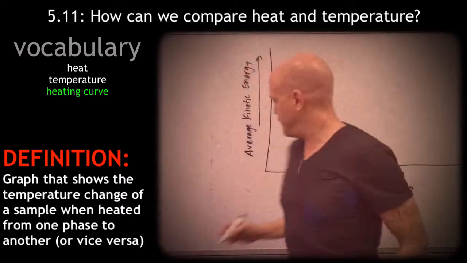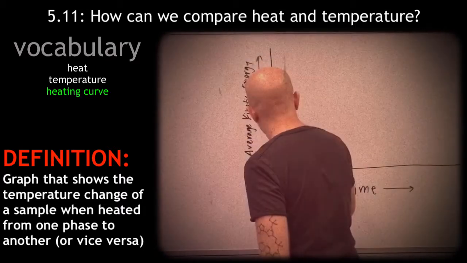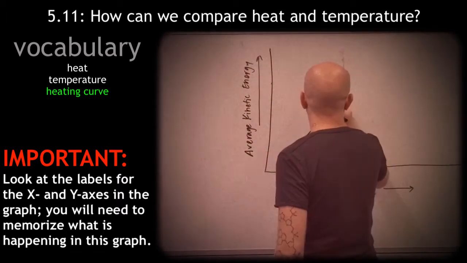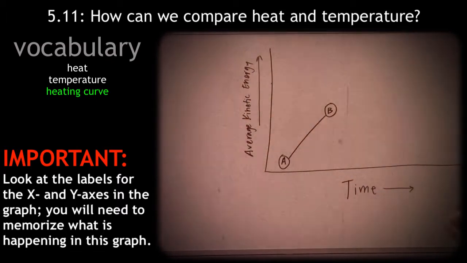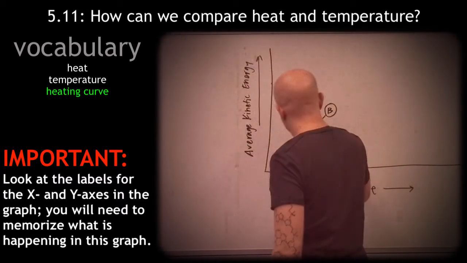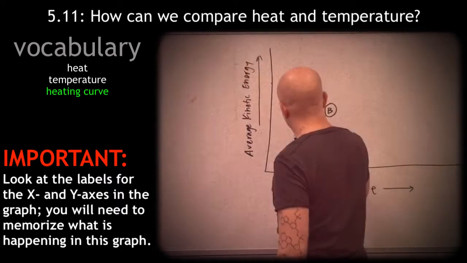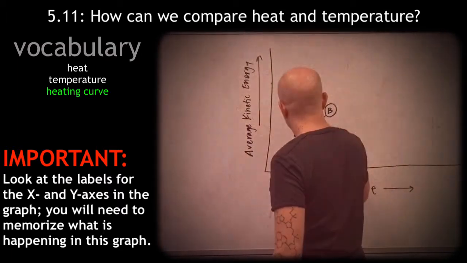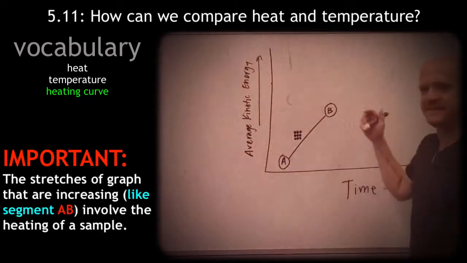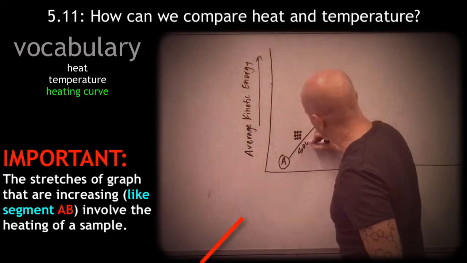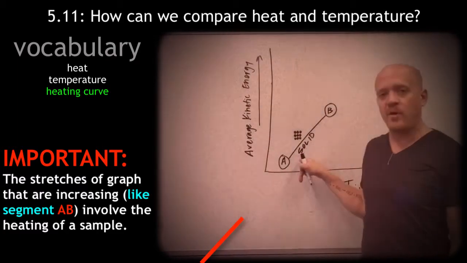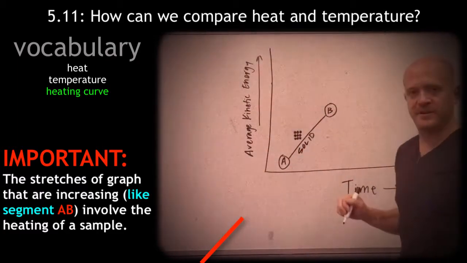So I'm going to start out at point A, and I'm going to heat this sample of pure water. It is in the solid form. So from A to B, I start out in a solid. I'm going to draw a particle diagram for a solid. Between A and B is one phase. It is the solid phase, and it's only solid. So this solid is heating up from a cold temperature to a warmer temperature.